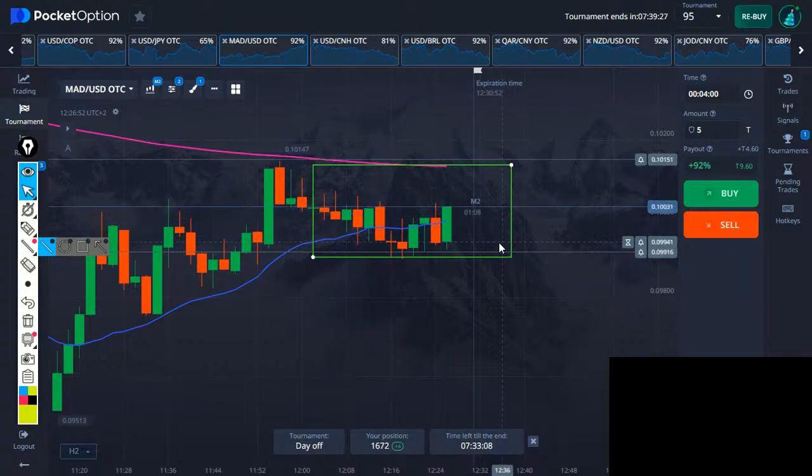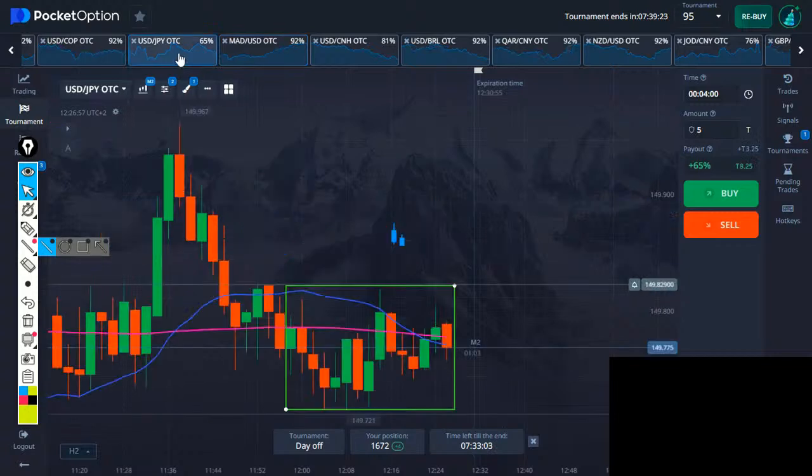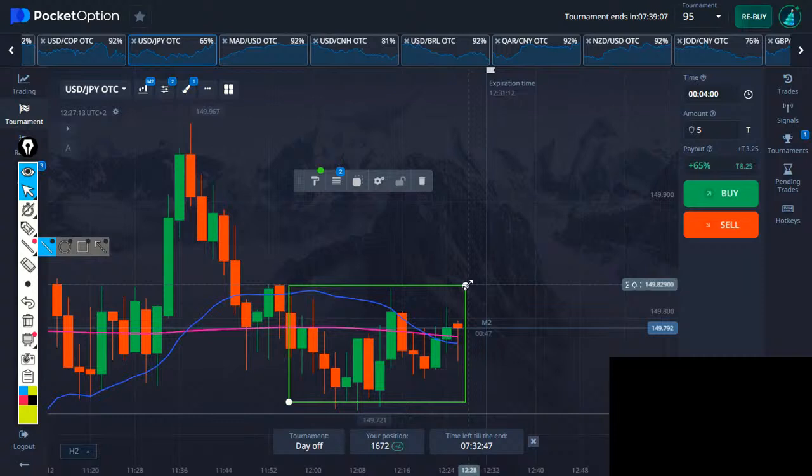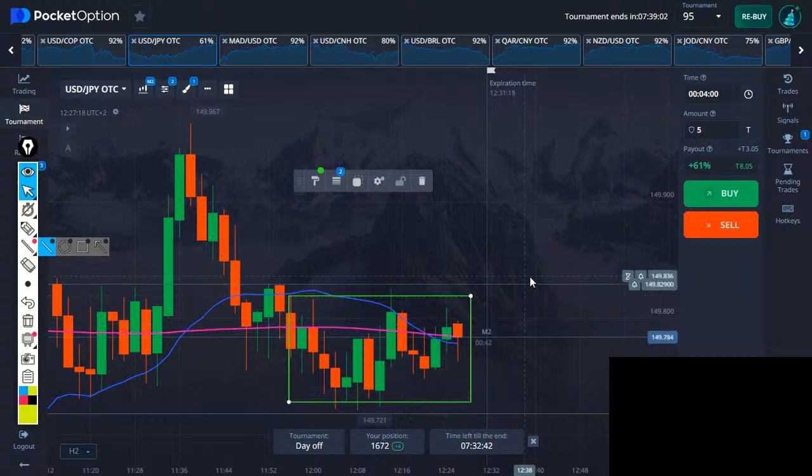We'll wait. So we have two potential trades happening. I'll mark the most common rejection point over here and the most common rejection point over here. That's it.